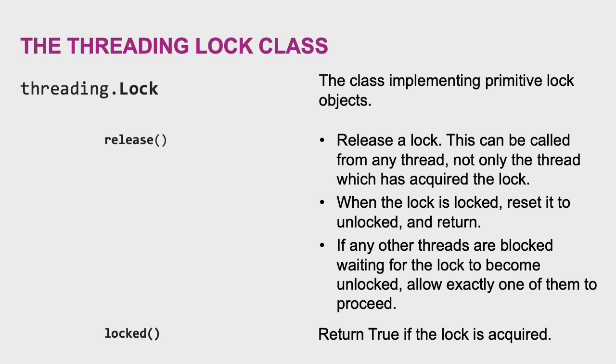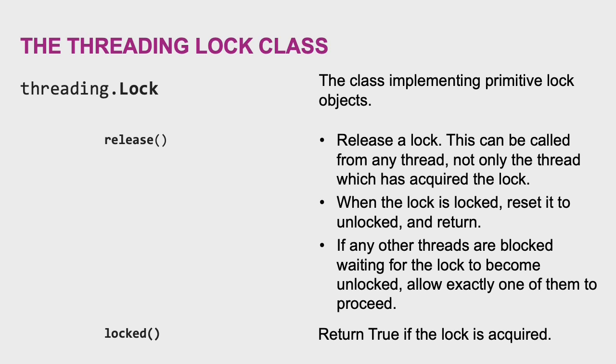Another method that can be useful for the implementation of complex synchronization is the locked method. The method returns true if the lock is acquired. So you don't need to have your thread attempting to acquire a lock that is already locked by another thread.